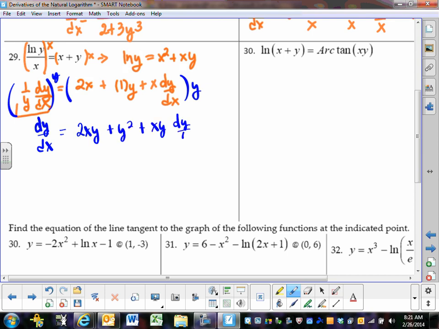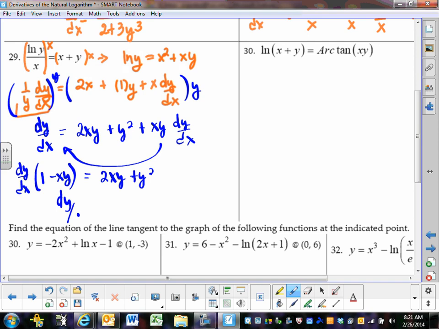So I have y over x plus dy minus 3y equals 0. So dy dx equals 3y minus y over x. Worst case scenario, if you had to find a common denominator, this would be 3xy over x minus y over x. So 3xy minus y all over x.